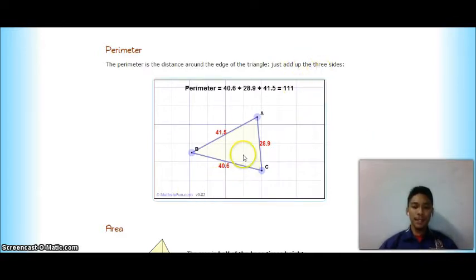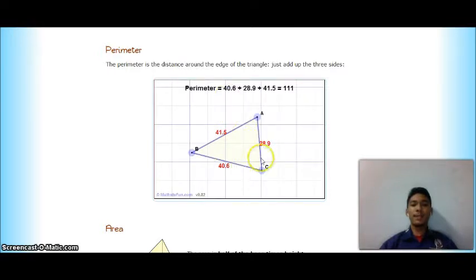As an example, if you see this triangle, how do you calculate the perimeter? First of all, identify the length of each side, and then you just add up the three sides. It is as simple as that.